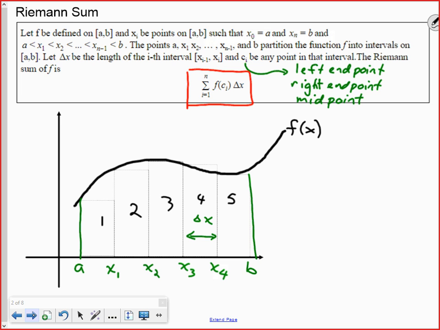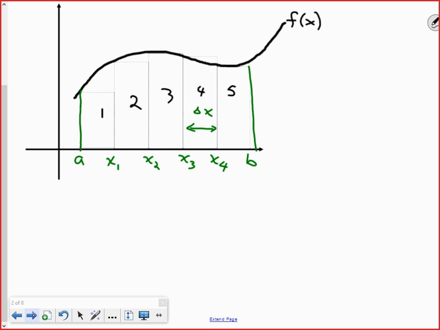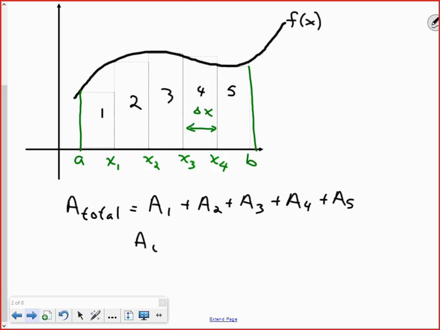All of this is just a general way of specifying our area. Our area is, we can say, area 1 plus area 2 plus area 3 plus area 4 plus area 5. Each one of these individual areas was the height of the rectangle times the width of the rectangle.